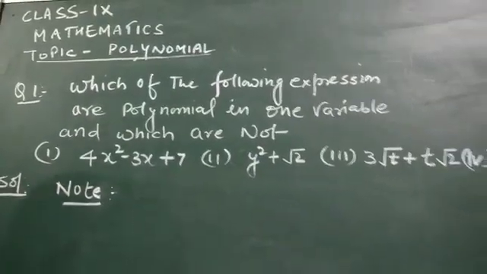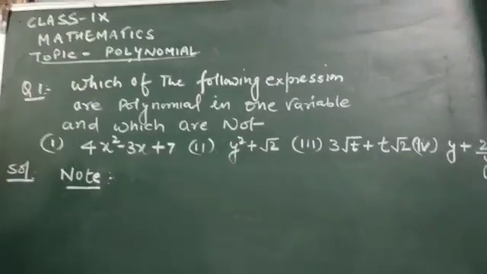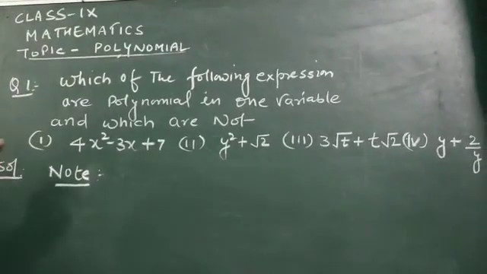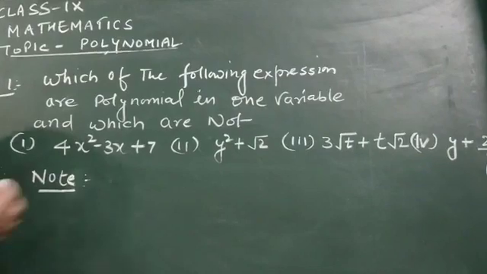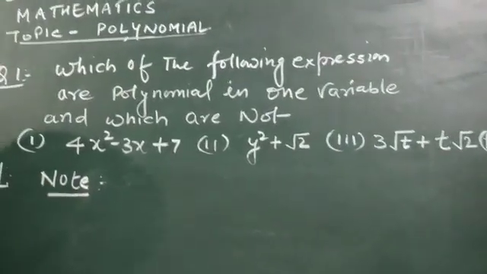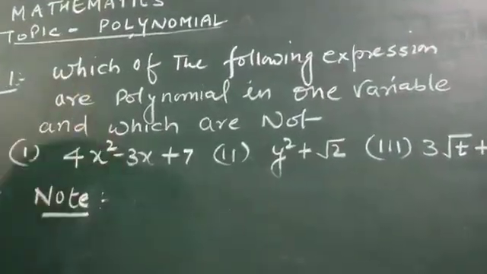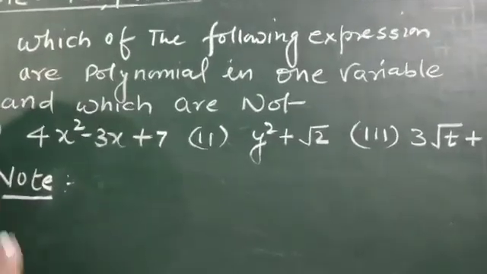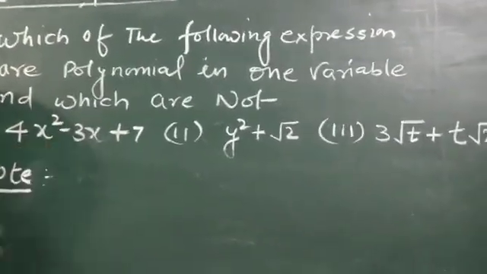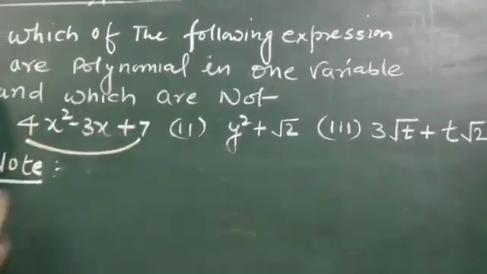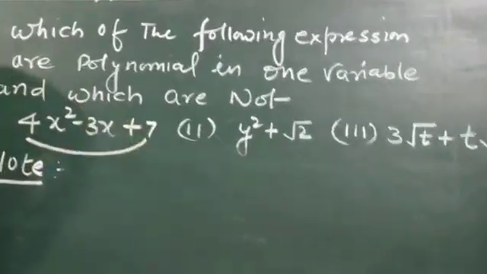Student, we will cover some NCERT questions based on the done concept. First of all, how will you identify a polynomial in one variable. Suppose you have first question 4x square minus 3x plus 7.